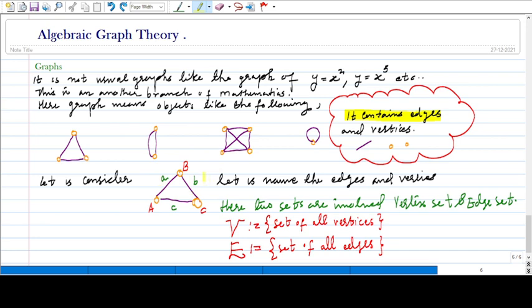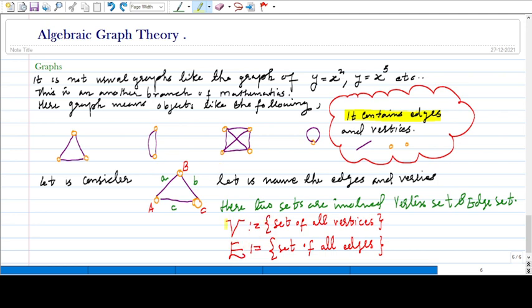So we have seen that for a graph, two sets are necessary. What are those sets? Vertex set and edge set. In this case, the vertex set is capital A, B, C, and the edge set is small a, small b, and small c.